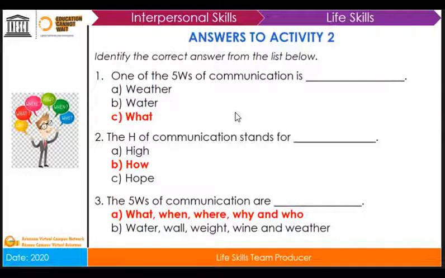The 5 W's of communication are, and the correct answer is what, when, where, why, and who. Excellent.